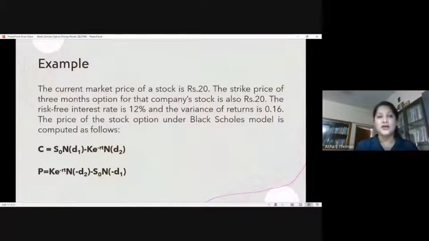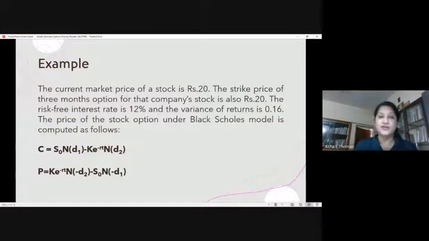Okay, so this is the condition where the current market price of the stock is 20 rupees. The strike price also remains to be 20 rupees. And here, the risk-free interest rate, 12%, is assumed to be the opportunity cost or the possibility of risk-free return, that is quoted as 12%.